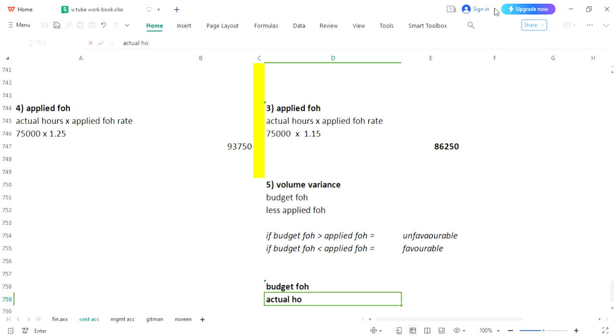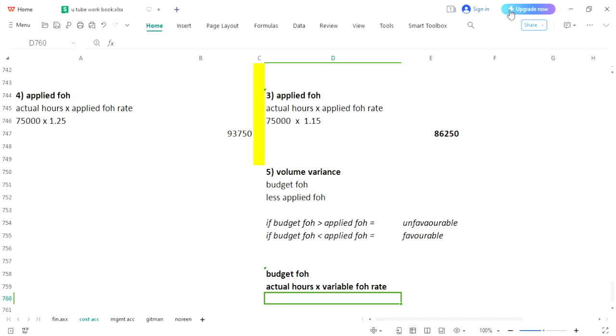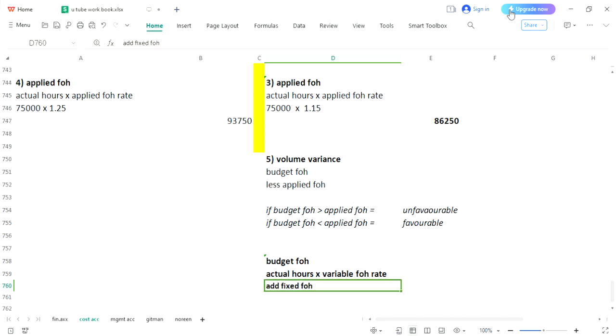Actual hours would be multiplied by variable FH rate, and then you will add fixed FH. Since it has a two-line formula, we will complete it accordingly. What is this? And you will be writing over here.